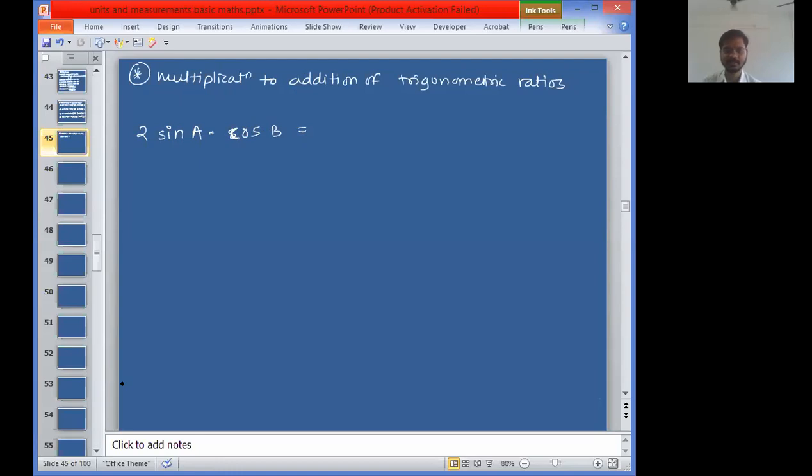For sine you can reply S. For cos you can reply C. If you are given 2 sine cos, then yes, correct. It is sine plus sine. Sine plus sine is 2 sine cos. So 2 sine cos is written as sine plus sine.